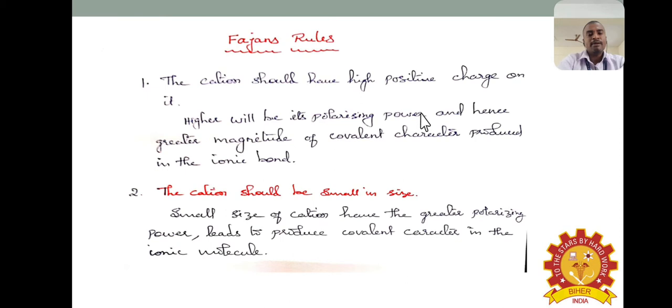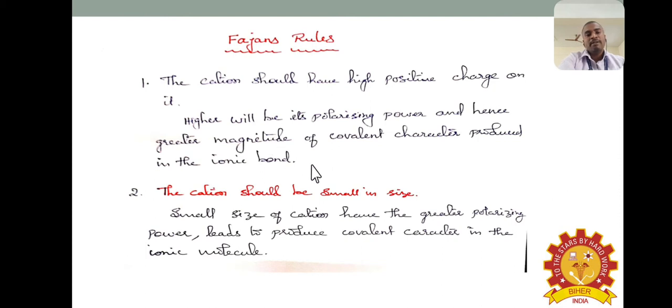I mean, the great positive charge of the cation leads to maintaining the ionic bond with a covalent character. When the covalent character increases, the stability of that bond will increase. That's why anions and cations always try to maintain the covalent character.